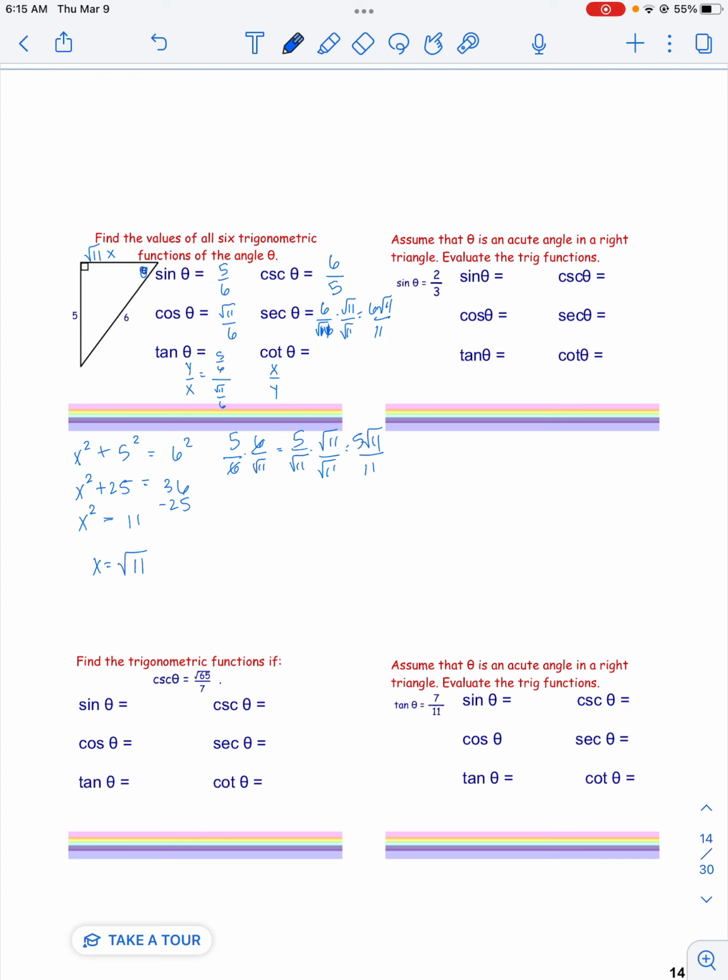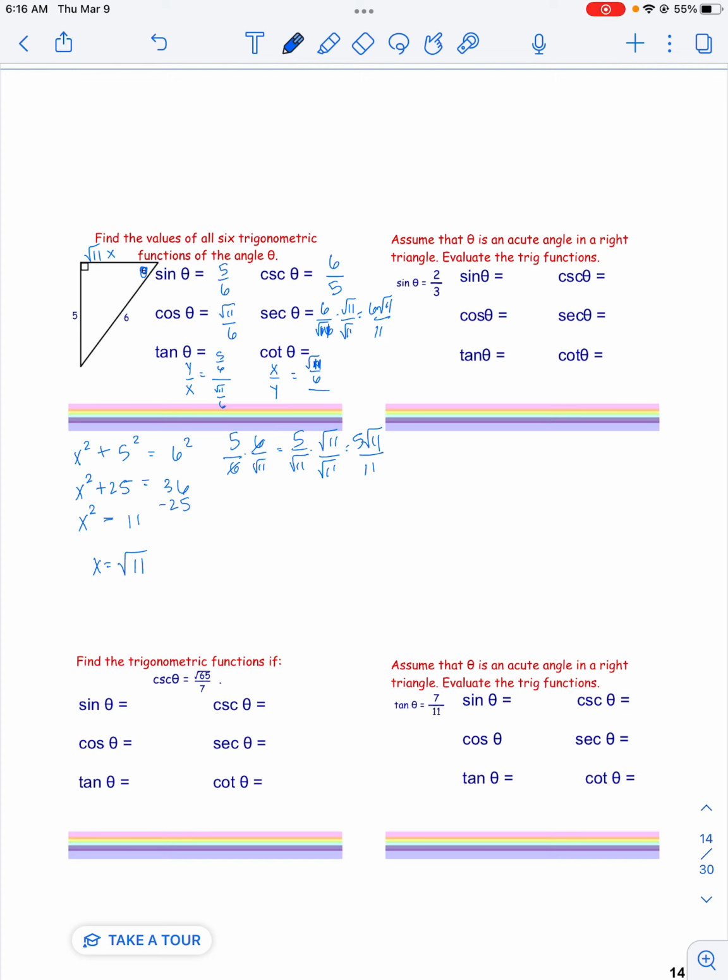Let's just make it opposite over hypotenuse. I got it before, sorry. So let's do that again. The cotangent is the x value, which is the square root of 11 over 6, right? I got a little confused.